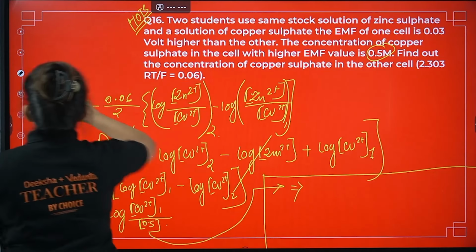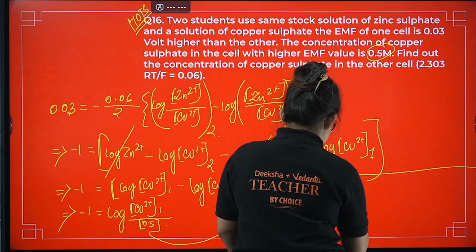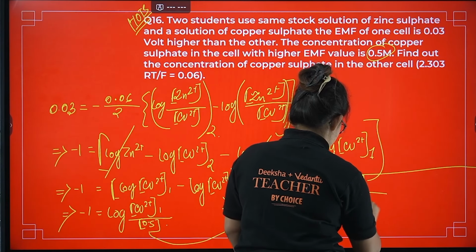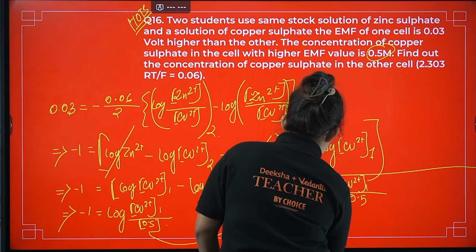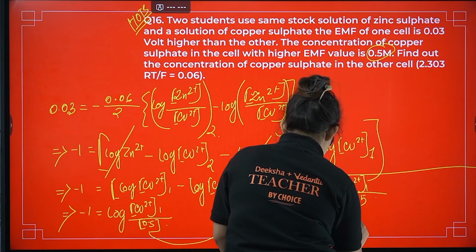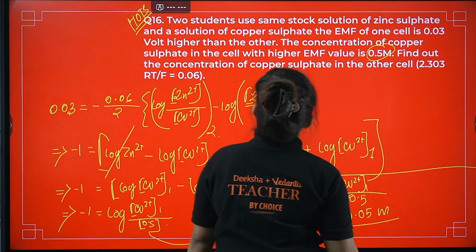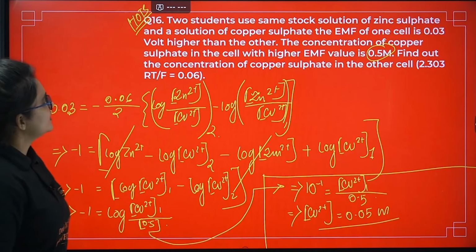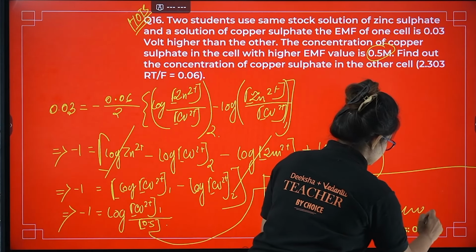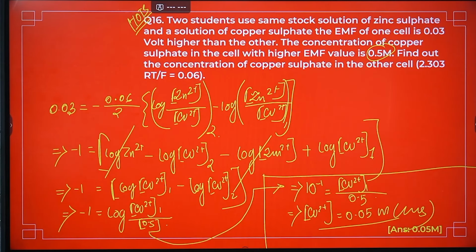So it will come up to be 10 power minus 1 is basically Cu2+ divided by 0.5. So the concentration of Cu2+ that I am getting is 0.05 molar. Let me check. Yes, that is the answer. I guess this is clear. Let's go ahead.